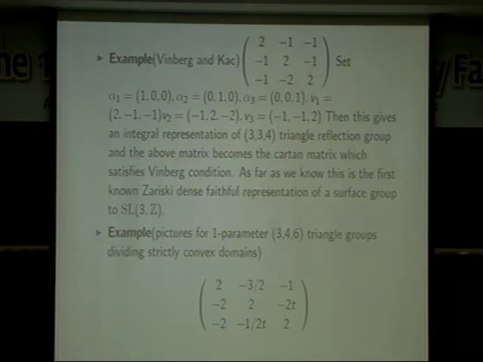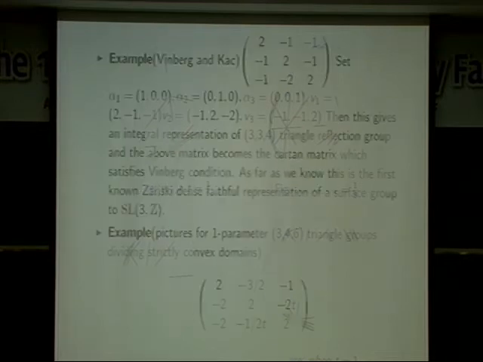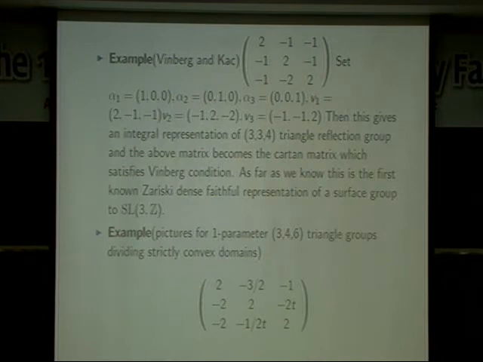You can check the Wingberg condition: -2 times -3 over 2 is 4, equal to 4 cosine squared of pi over 3, etc. So this is the picture when t is 1 over 6, when t is 1 over 3, when t is 1 over 2, and when t is 1. Turns out that this gives an integral representation of this triangular reflection group.